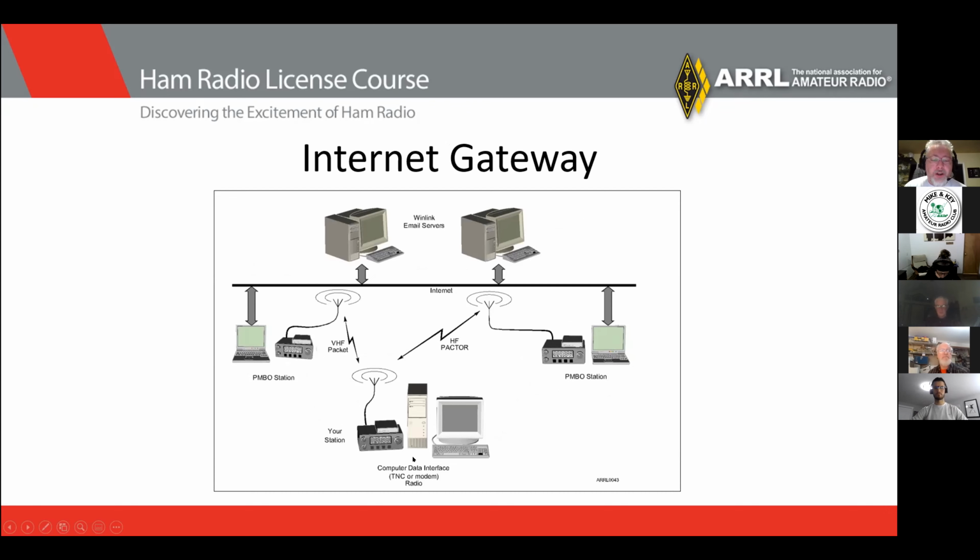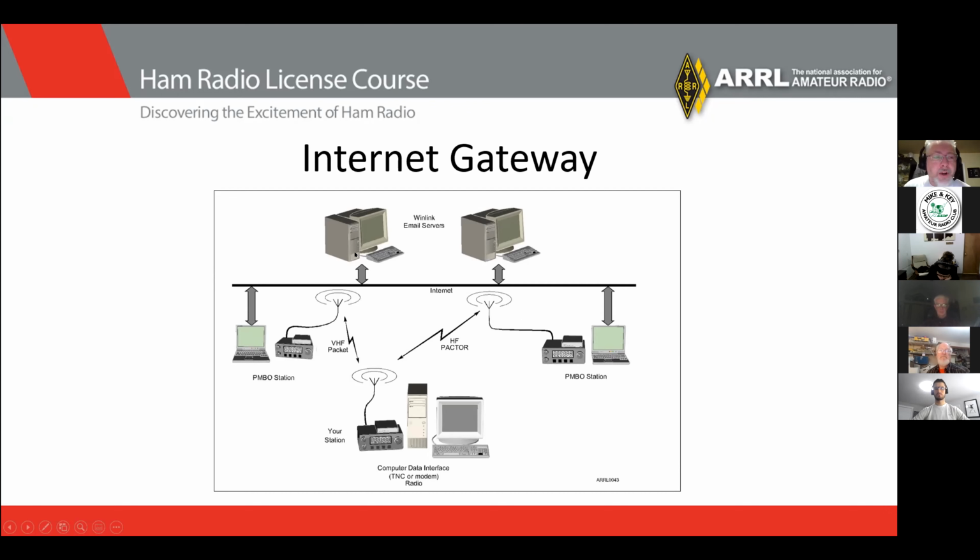So from your home, you'll have your setup with a TNC and a computer and your modem, and your transceiver, and you can transmit your email through HF PACTOR to an HF site or to a VHF site, and you're using RF in this area, and then it deciphers it, puts it to the computer, and sends it to the internet to the other WinLink servers.